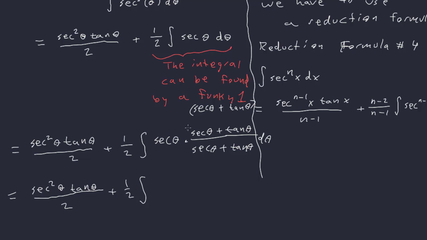And when we distribute across the top here, so this is secant over 1 times this thing here, we'll get secant squared, okay, plus secant theta tangent theta, all over secant theta plus tan theta, and this whole thing d theta.